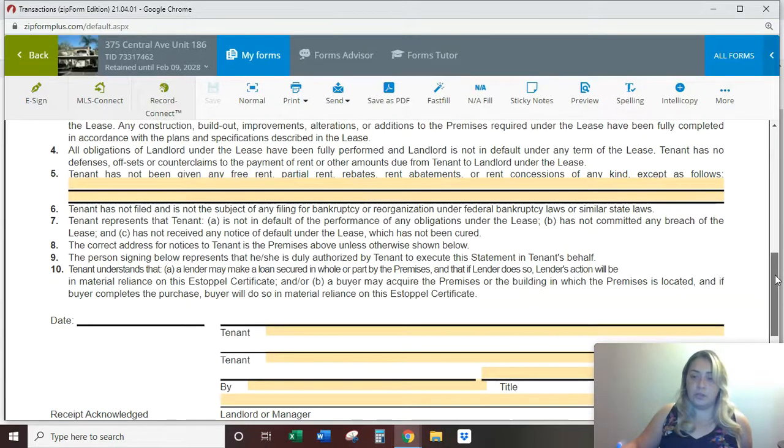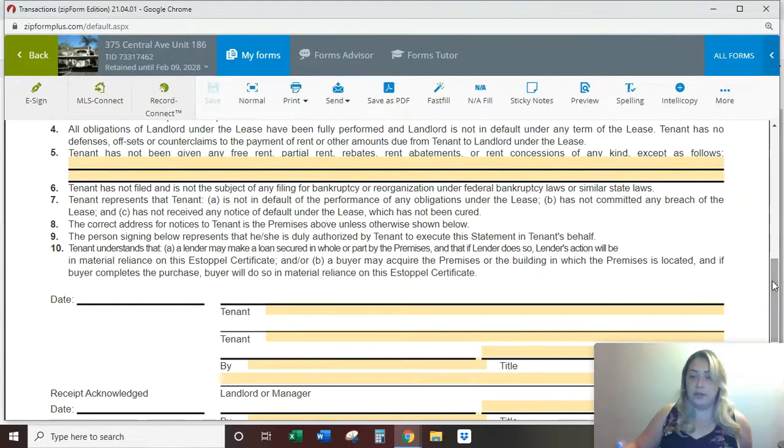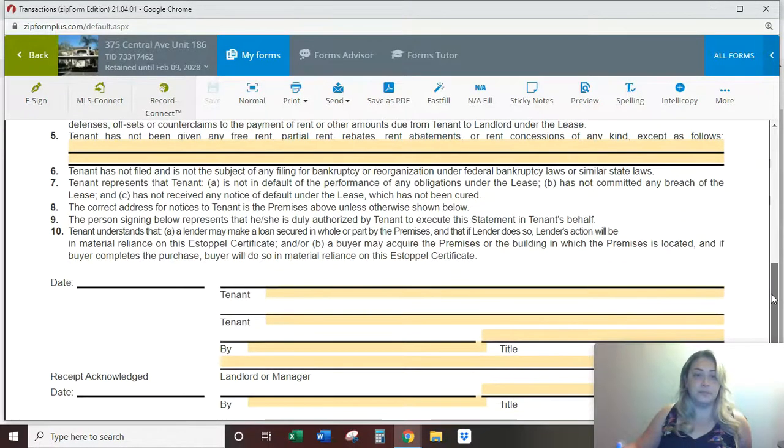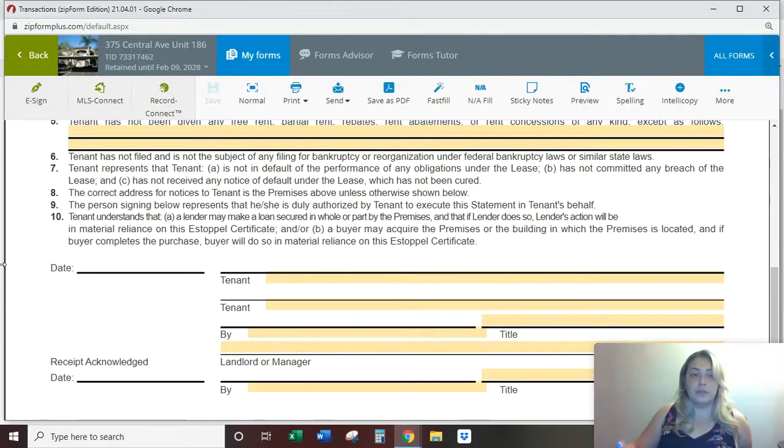Again, you don't want to inherit a tenant who has liens on the lease, meaning perhaps the landlord promised that they would fix something and they never did, and now you're not aware of those issues, and when you acquire the property, you're hit with an unexpected expense. And then number 6, ask the tenant that they have not filed for bankruptcy.